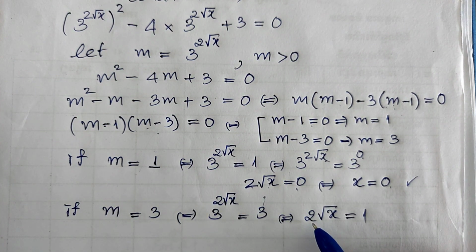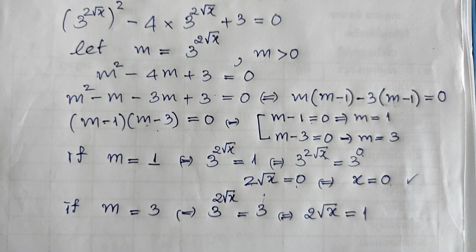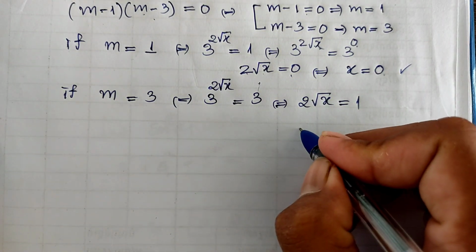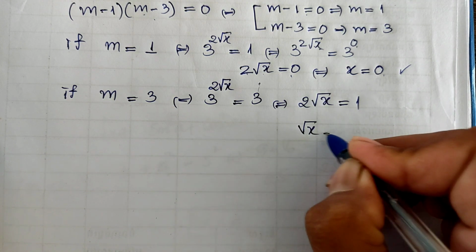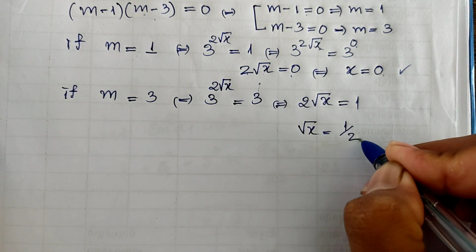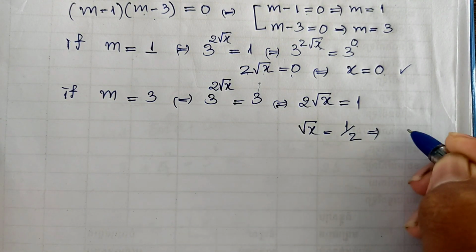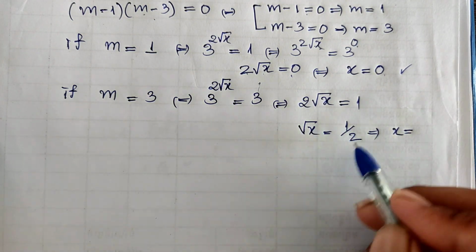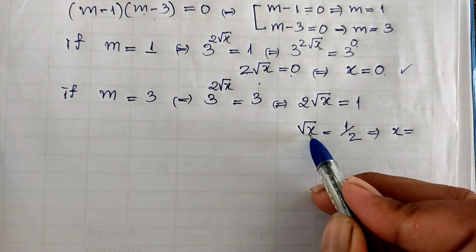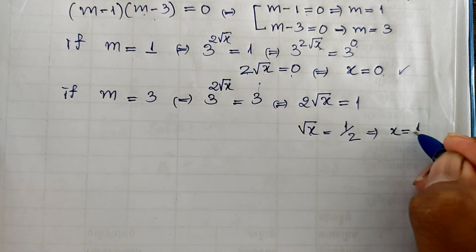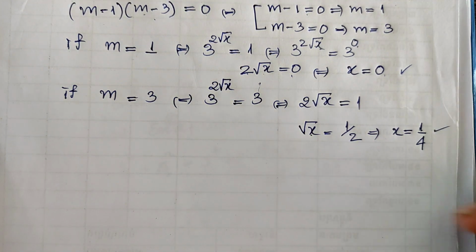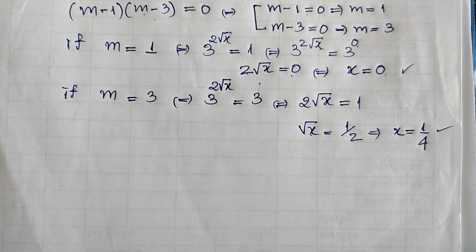Now I divide both sides of this equation by 2, so I get square root h is equal to 1 divided by 2. I raise both sides of this equation to the square, and we get the value of h is equal to 1 divided by 4.